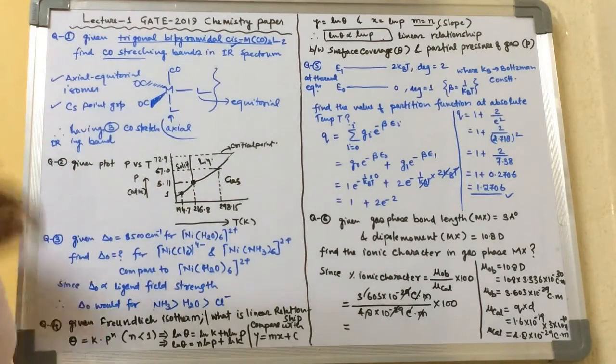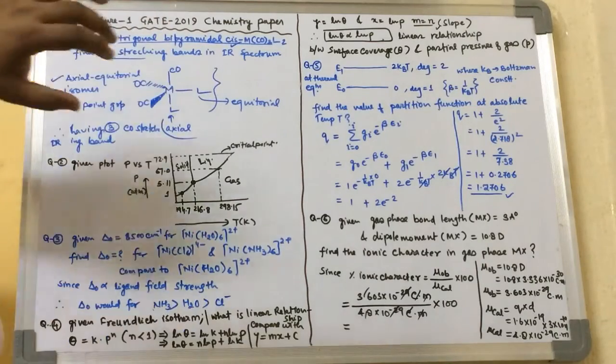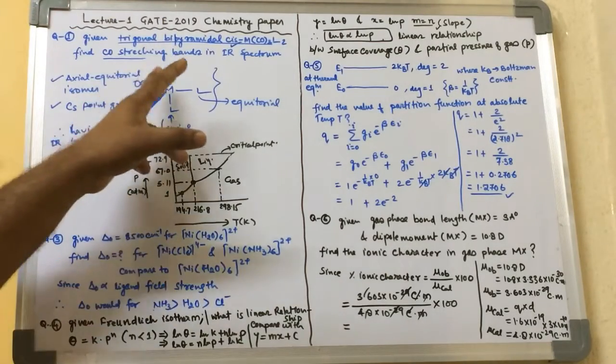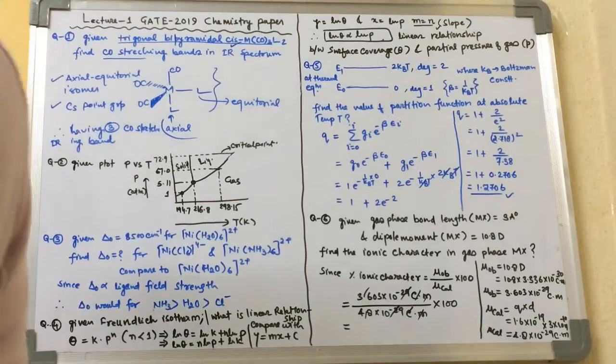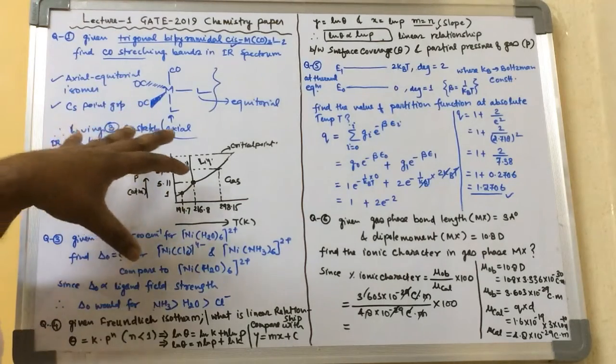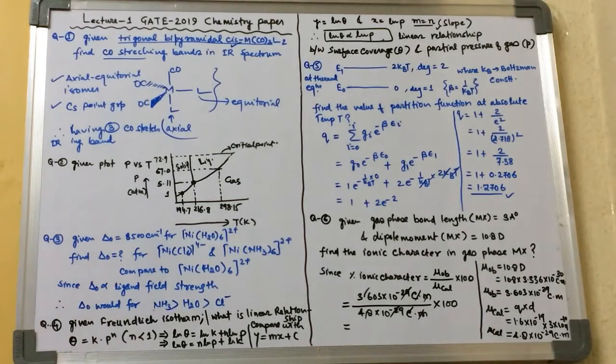Only three carbon monoxide ligands are attached to the metal, one at an axial position and the other two at equatorial positions. They will give the stretching bands, so mostly three CO stretching bands will be present here. Hope you understand.